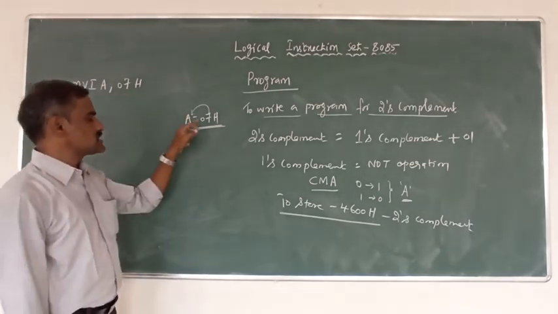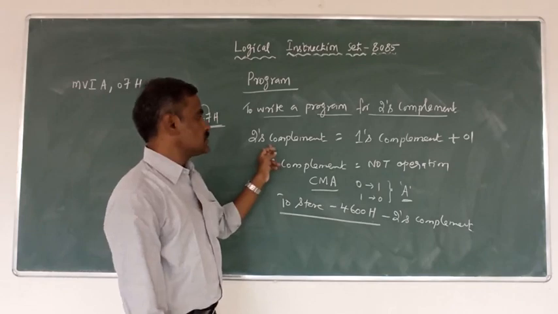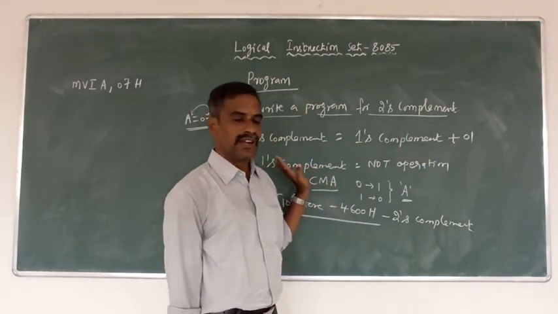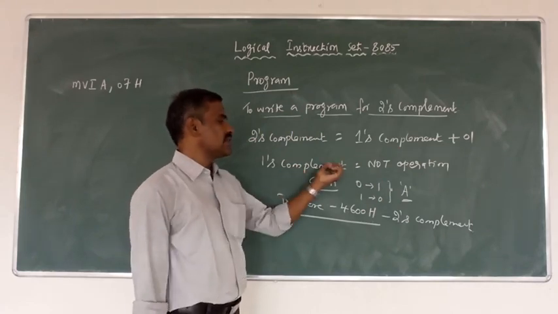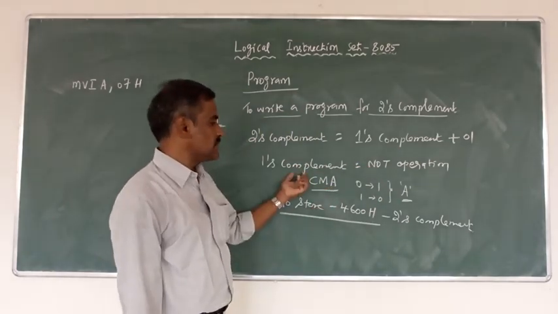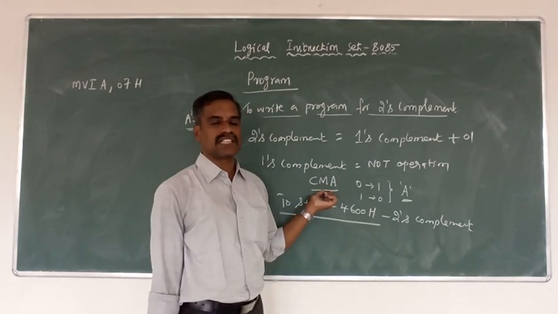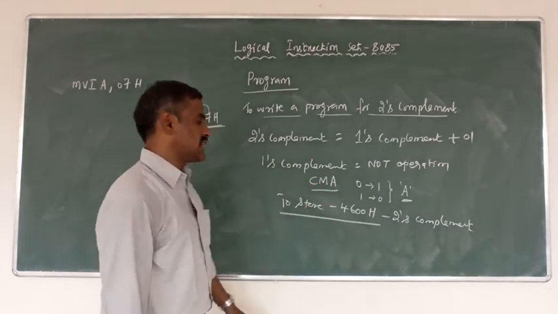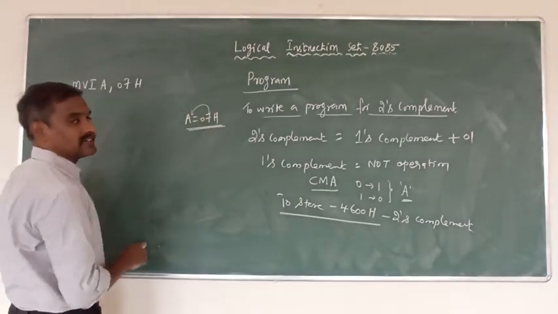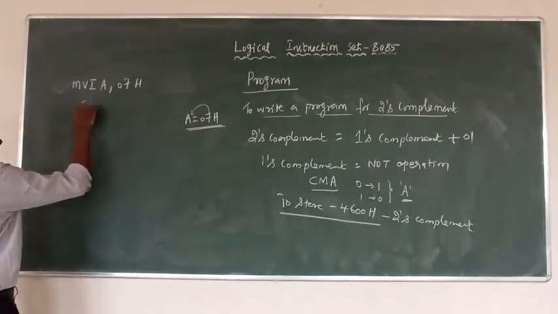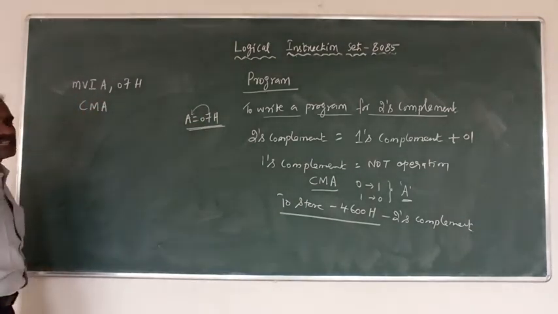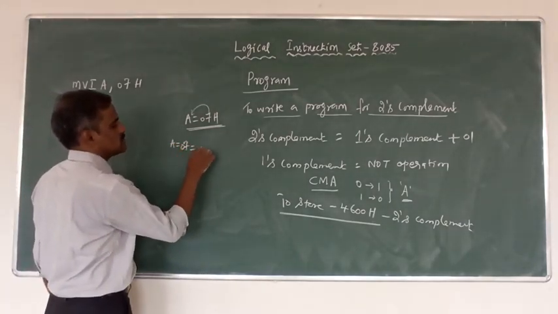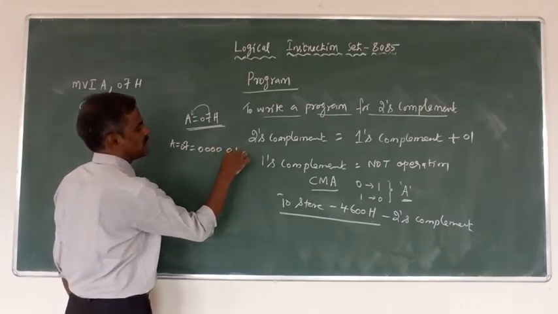Now A register 07. Here for the 2's complement, first we have to take the 1's complement, then add 0, 1 to that result. First we have to find out the 1's complement. Okay, for 1's complement we can use the CMA instruction. CMA means complement the accumulator content. Accumulator 07 means 0, 0, 0, 0, 0, 1, 1, 1.